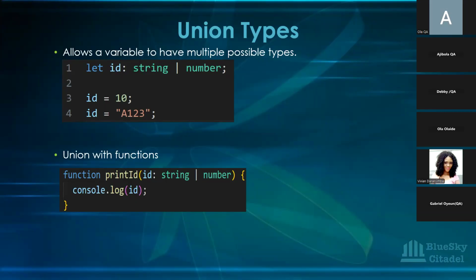And the union type is just the data types we want to share separated by a line. So each of them is going to be separated by a line. In a nutshell, we can use it with a simple variable. We can also use it with a function, and not just a function, anything that can accept a type is possible with it. So in this example, I show it with the function and also with the variable.